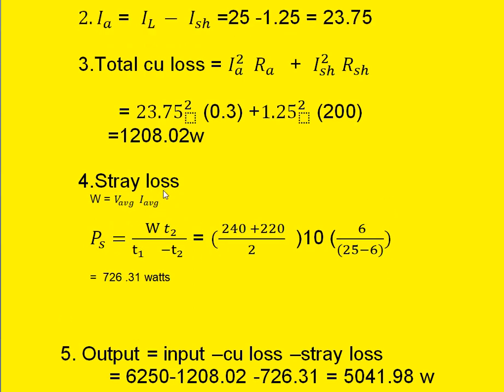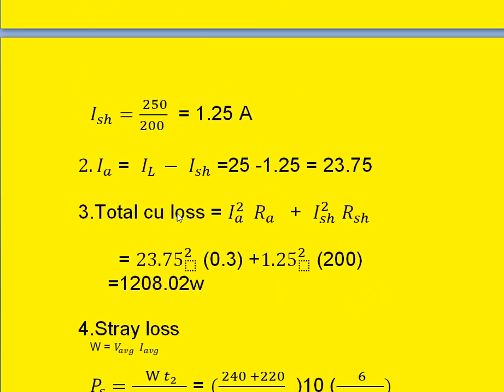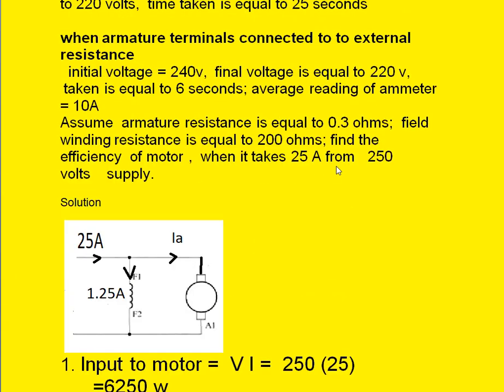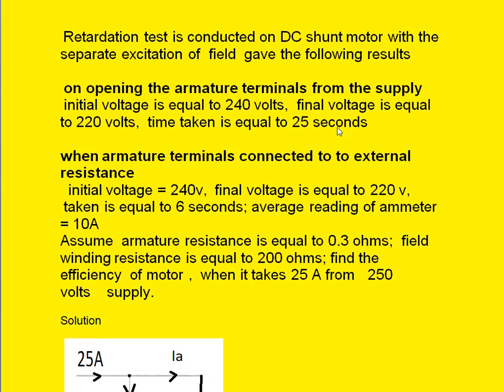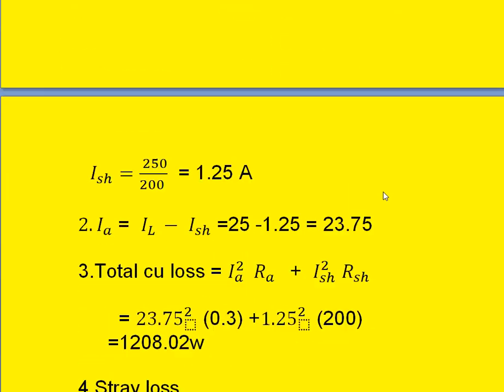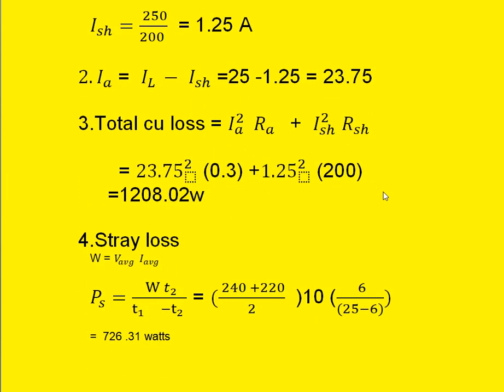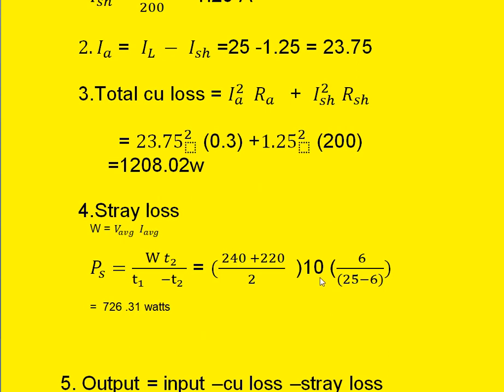As I told in the readings, here we have the average ammeter reading, that is I1 plus I2 by 2, and similarly you know the input voltage at the beginning and also at final stage, that is 220. So 240 plus 220 by 2 into 10 will give you W. That is what we have written here.